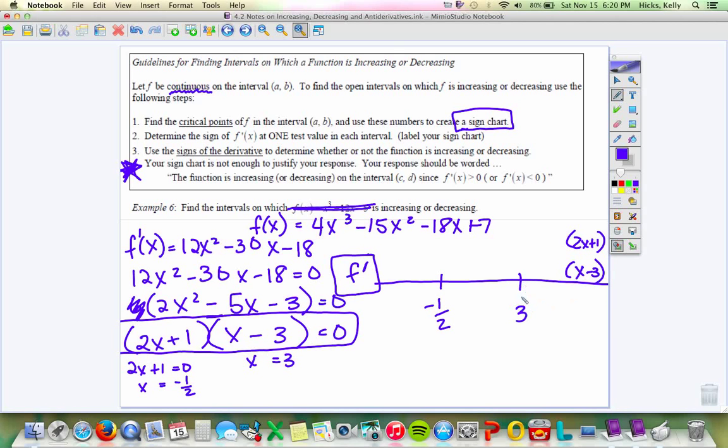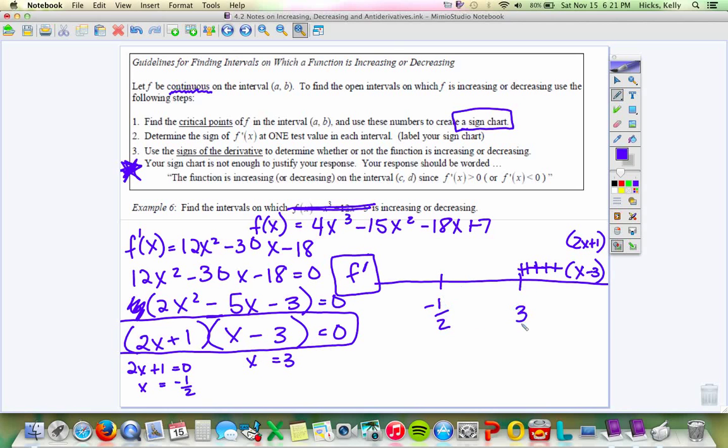When you plug any number bigger than 3, I'm in this part of the chart right here. When you plug any number bigger than 3 into x minus 3, you get a positive number, right? Agree? Okay.